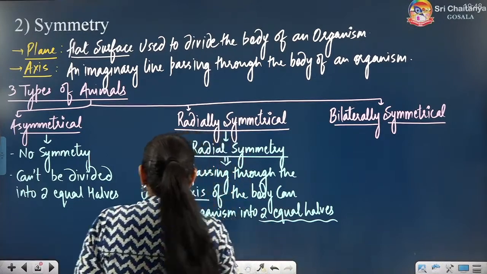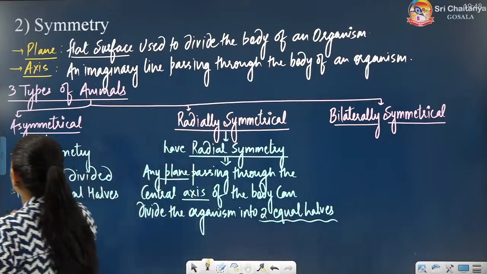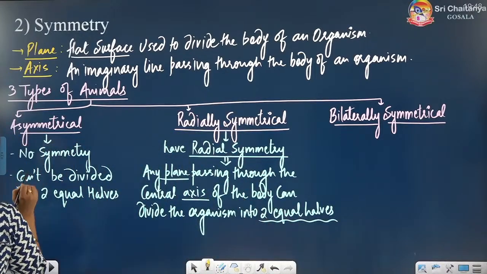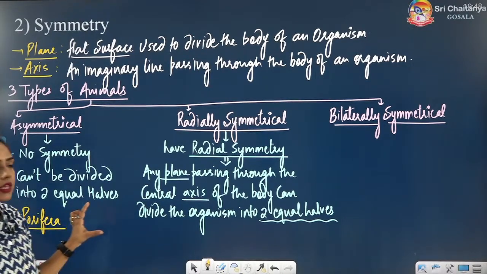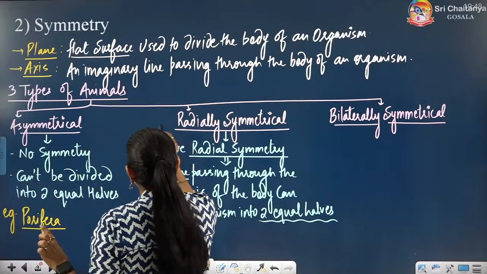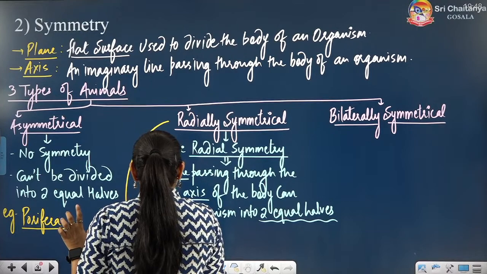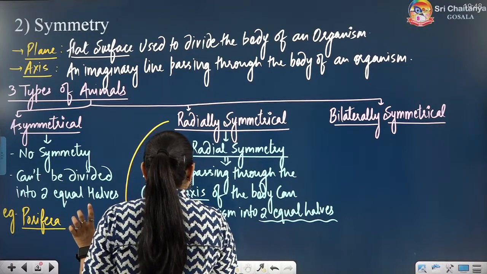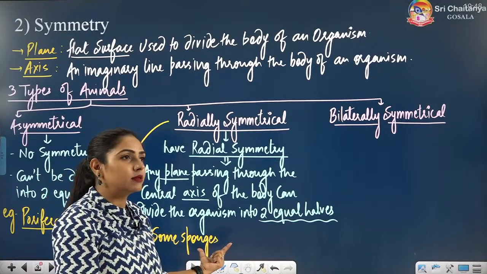So what type of animals are asymmetrical? What type of animals are radially symmetrical? The first phylum, Porifera, the animals in this phylum are asymmetrical. If we talk about radially symmetrical, then some sponges show this symmetry, but most of the sponges are asymmetrical only.